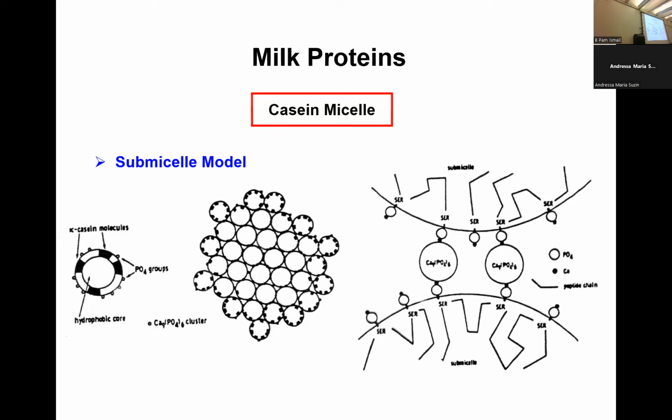So that keeps those submicelles glued together. You have hydrophobic interaction, but a lot of ionic interactions due to the calcium phosphate bridges that keep the submicelles together. And the micelle with more kappa casein was on the outside.